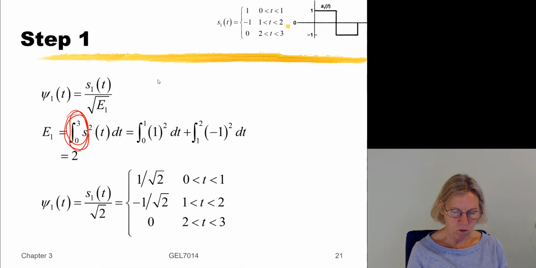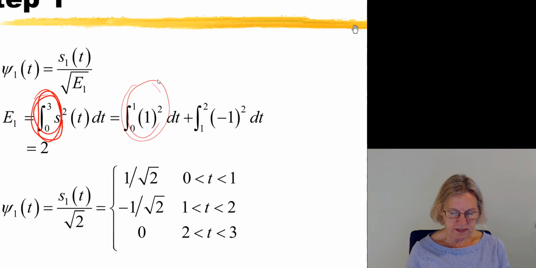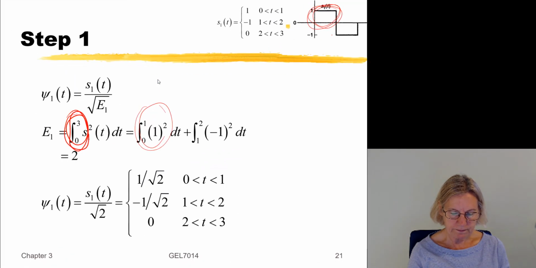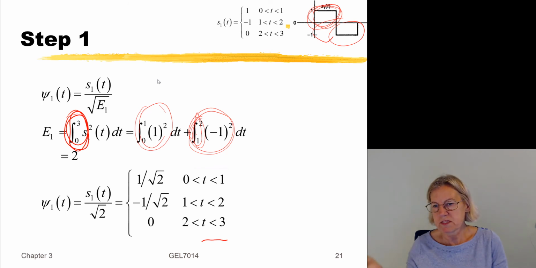From 0 to time 1, the signal is 1. So I have part of the integration, which is 0 to 1. Then the next part, the signal is -1, and so I have -1 squared, and now my integration is from 1 to 2. And of course, there's no integration from 2 to 3 because the signal is 0 there.